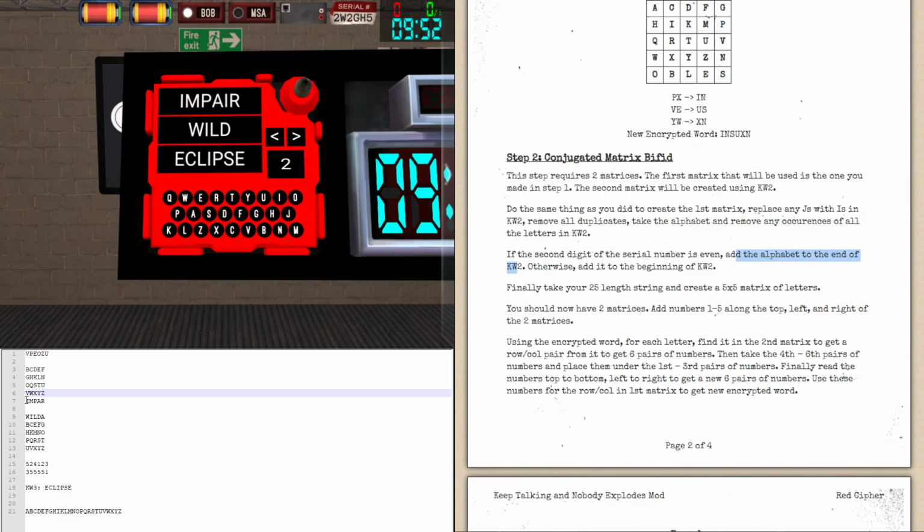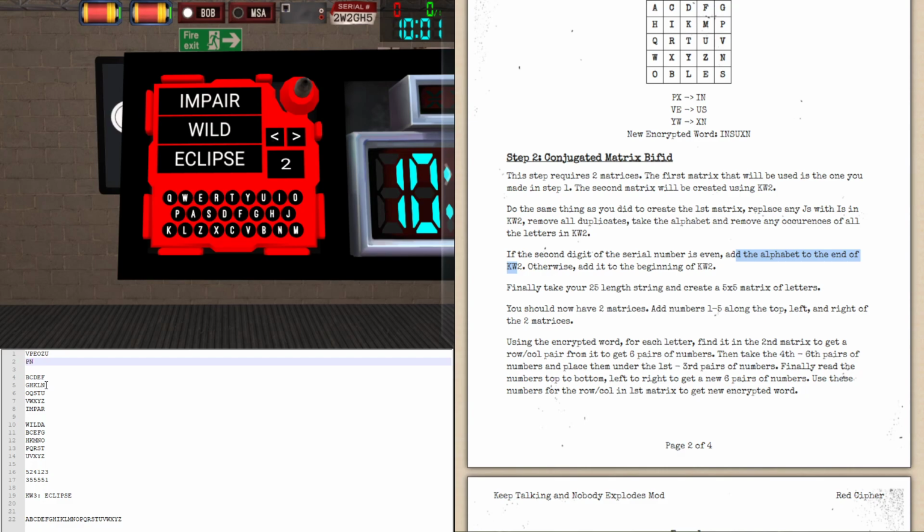So the 5th row, 3rd column in our first matrix is going to translate to P. Then 2nd row, 5th column is an N. Fourth row, fifth column is going to be a Z. First row, fifth column is going to be F. Second row, fifth column going to be N. And third row, first column going to be O. And that is our new encrypted word.